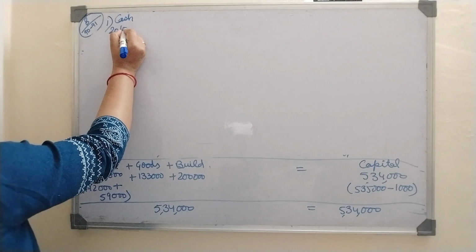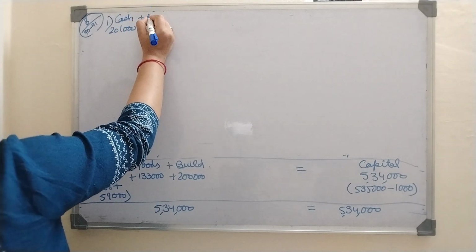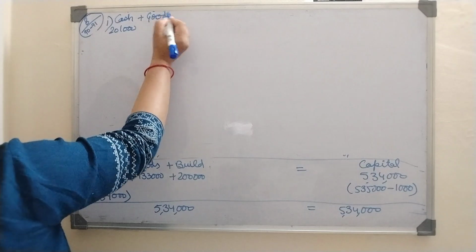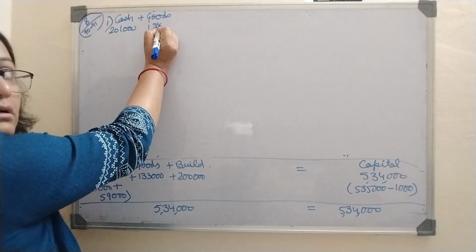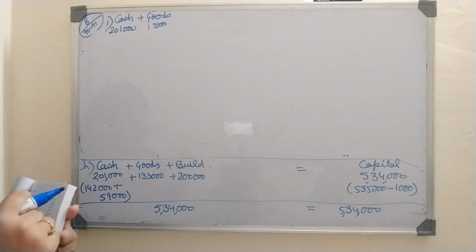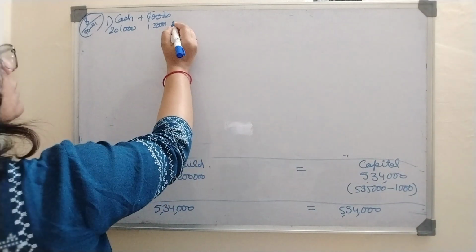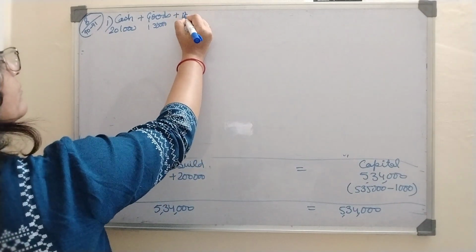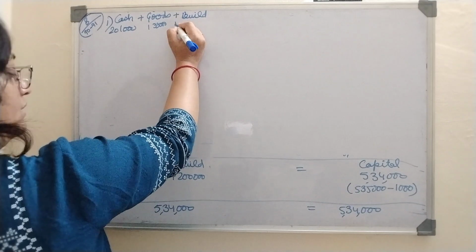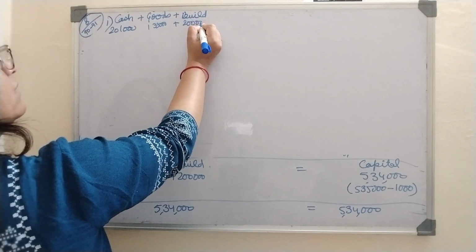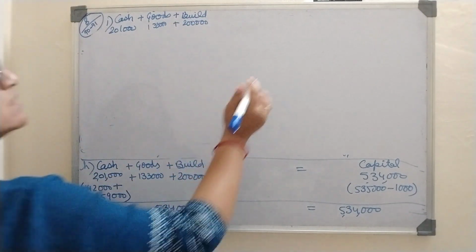Cash is 2,01,000 plus goods 1,33,000. Building is 2 lakh. This remains the same.